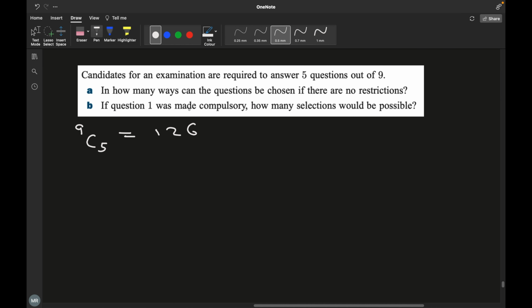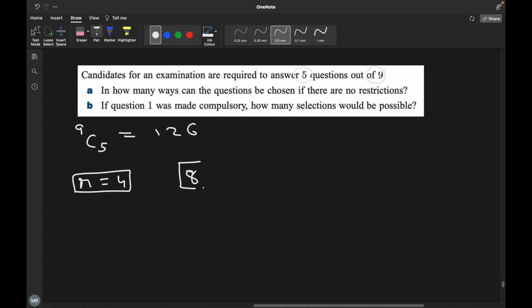And if one question was compulsory, how many selections would be possible? So we know that if one question is compulsory, then we'd have to choose 4. So r would be 4 because we have to select 4 at a time. And we don't have 9 available questions.